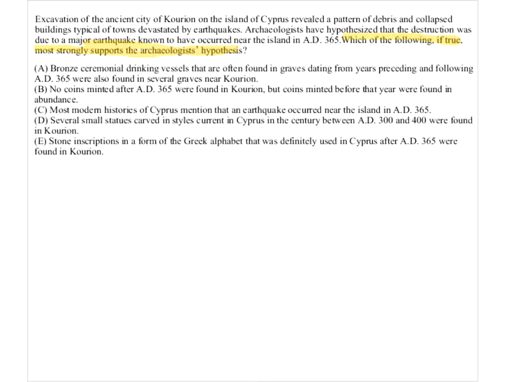Okay, let's start taking a look here. This is a strengthen or weaken question. Now, let's have a discussion of this really quickly, then we'll move back to the question.